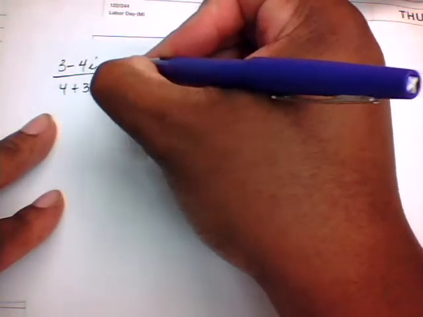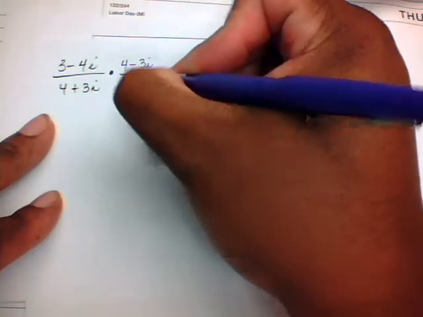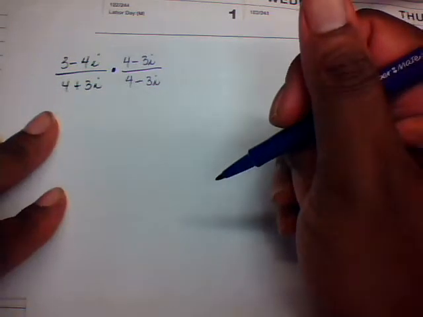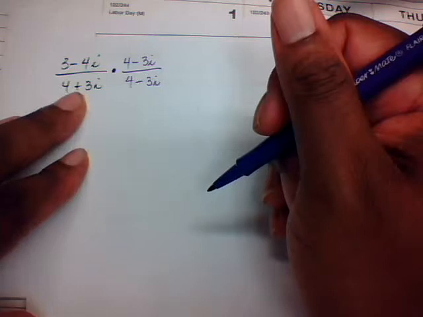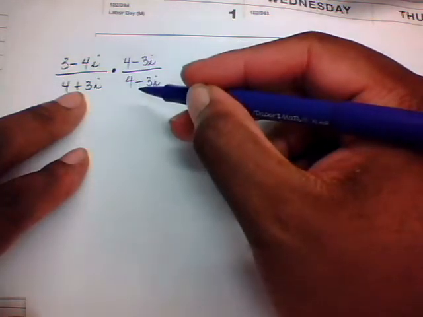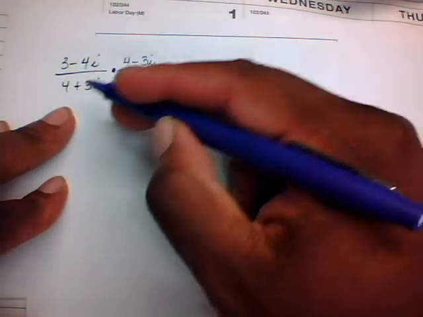So we're going to multiply the numerator and the denominator by 4 minus 3i. Okay, I'm just simply changing the operational symbol in between the two numbers to the opposite sign. And then we're going to multiply straight across. We're going to multiply numerator times numerator and denominator times denominator.